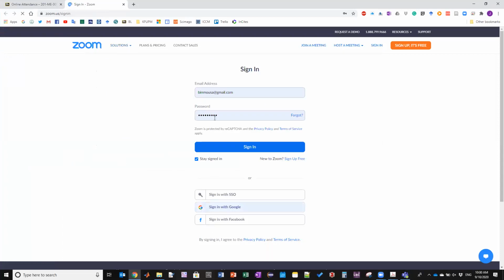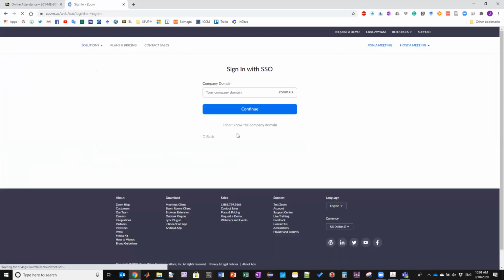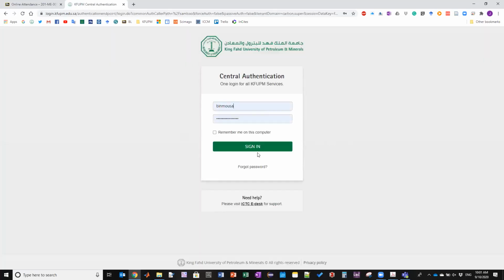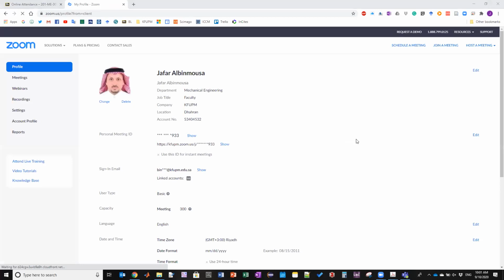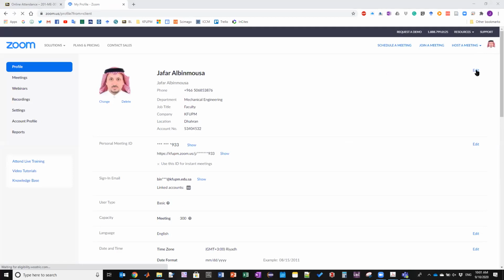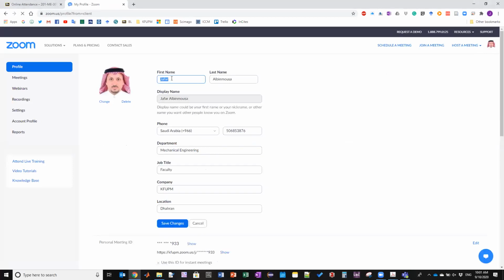Here I am not going to use my personal account. I'm going to use my KFUPM account. So I will type in KFUPM and then continue. This is my username and password. And there you go. This is my account right now. From here, I can change my photo. When I click on edit, I can change my name.